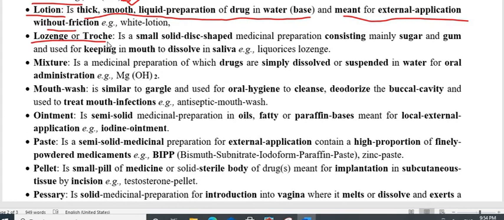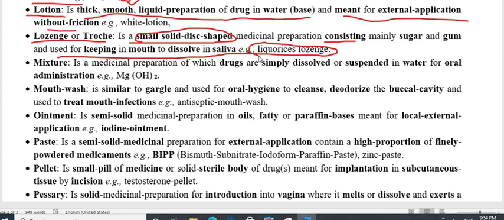There are also oral lozenges, meant for internal use. So the lozenge or troche is a disc-shaped, small, solid medicinal preparation that contains sweet things like sugar and gum, and is used particularly to dissolve in the saliva in the mouth. The example is licorice lozenge, and this is sometimes used for cough relief.